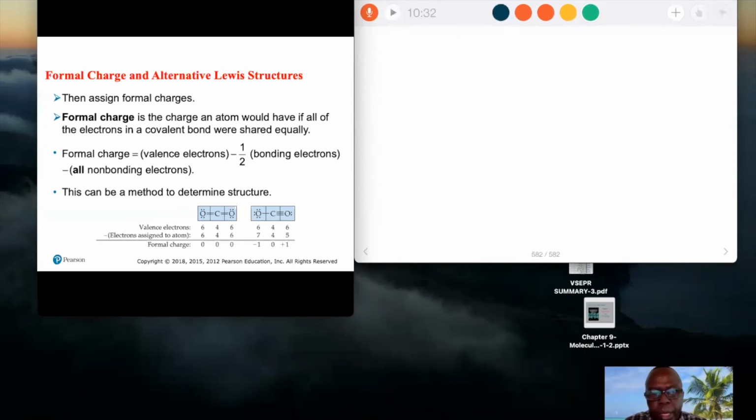In this case, we are looking at what we call resonance structures, which are structures of the same molecule but having different positions of the double bond. We use what we call formal charge to determine which one is the most acceptable Lewis structure.